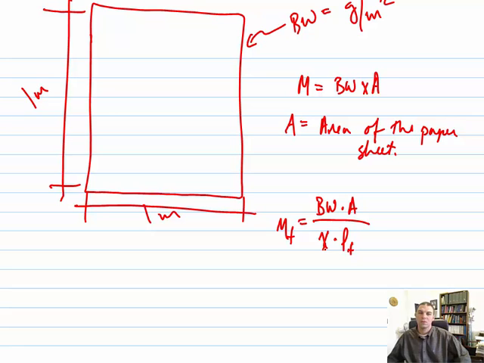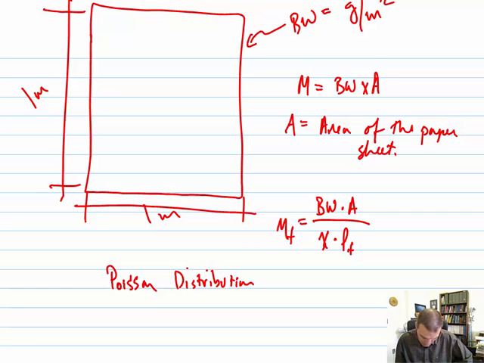And that gives us the total number of fibers within that paper sheet. Now, more specifically, we would like to know something else. We know this for the overall sheet, but remember in the Poisson distribution, we need to know average values.